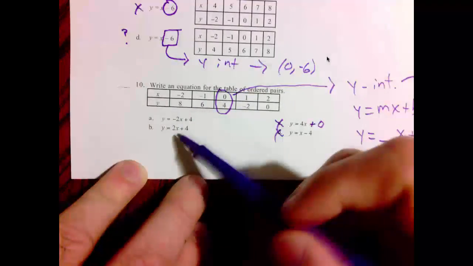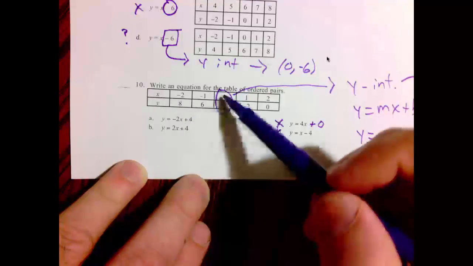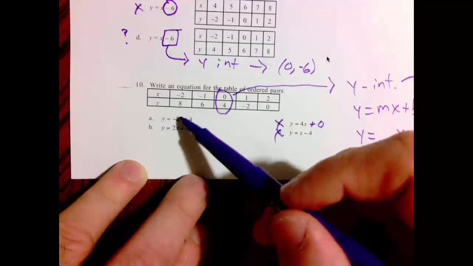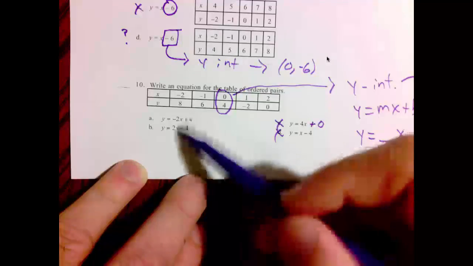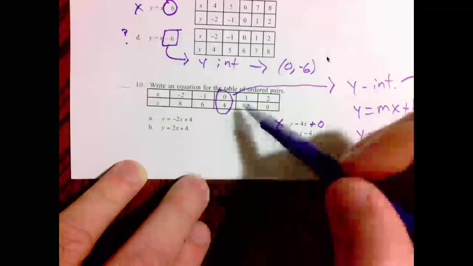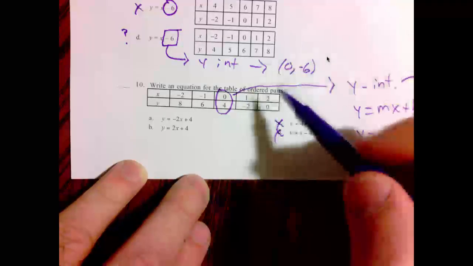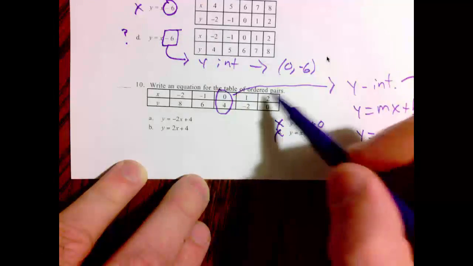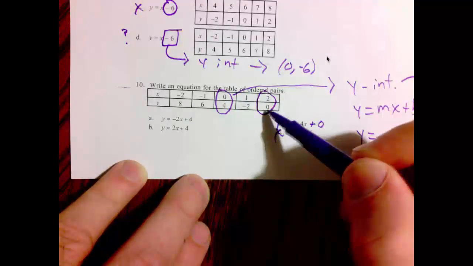Now we can just see who satisfies this equation. If I substitute 0, negative 2 times 0 will yield 4. Substituting 0 here, 2 times 0, 0, 4. I knew it was going to be 0, 4 because they both have a y-intercept of 4. But which one will work on one of these other points? It takes 2 points to define a line. So I'm now going to substitute 2 and see if it pairs with 0.